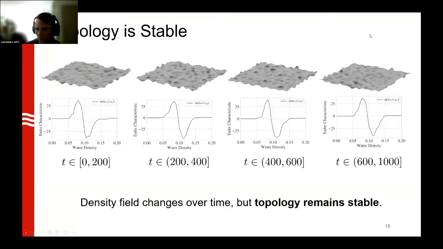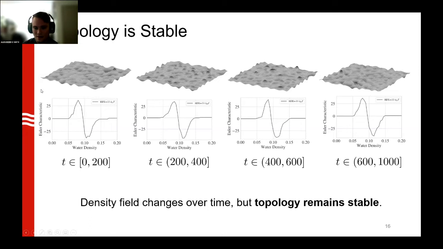What we've noticed about these topological descriptors, and that's really important for the analysis of these molecular simulations, is that the topology is really stable when characterizing these systems. For example, I have a simulation that I'm running for a period of time, and I want to subsample that simulation to gain more data from it.